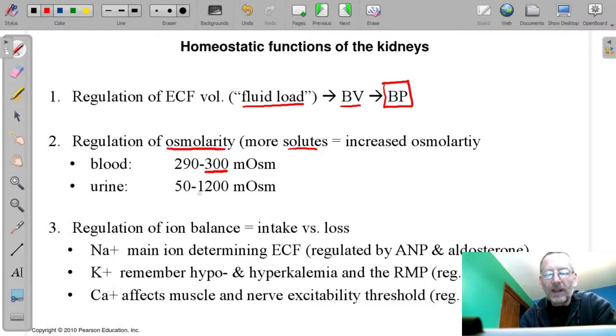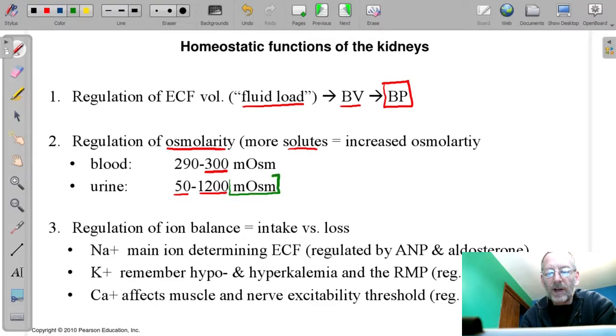And the osmolarity of the urine can range anywhere between 50 and about 1200. So again, in terms of osmolarity, urine with an osmolarity of 50 is very dilute, and with 1200, it's very concentrated. And I should say that the units here are milliosmoles.